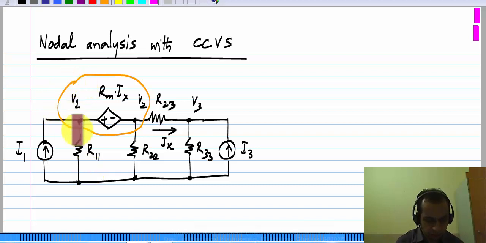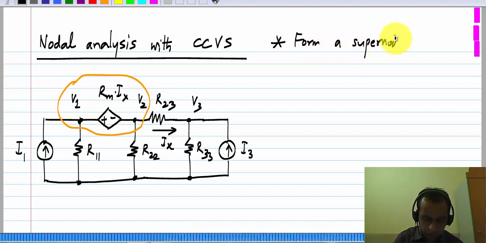So when you write it for the supernode, any current flowing between the nodes will not appear, because that current is not crossing this surface. Okay. So following the usual procedure, you form a supernode and write the KCL equation.